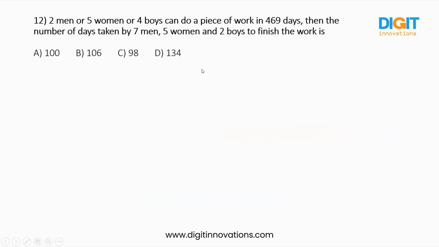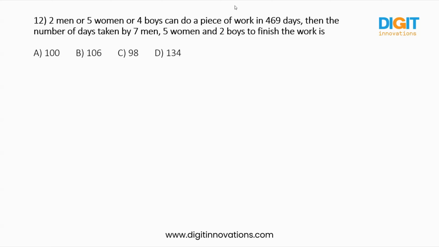So next one it is, 2 men or 5 women or 4 boys can do a piece of work in 469 days. Then the number of days taken by 7 men, 5 women and 2 boys to finish the work. Like there are 2 men, 5 women, and they are taking 469 days to complete the whole work.